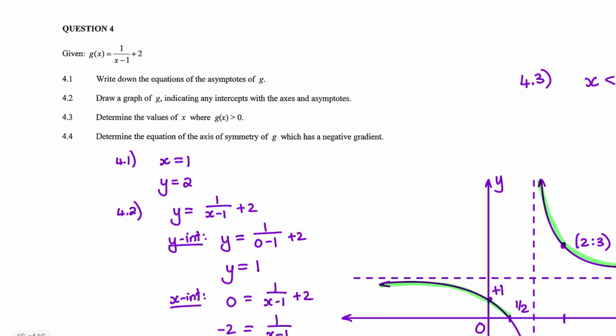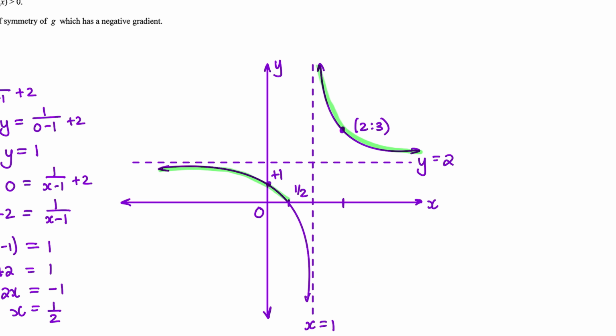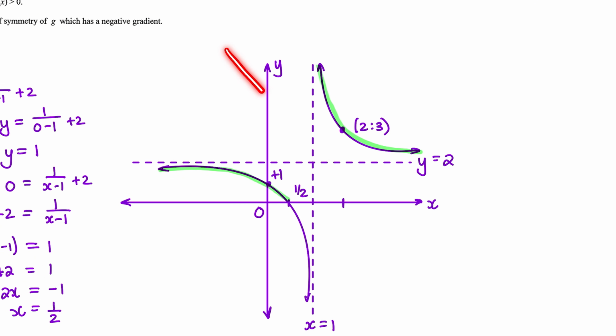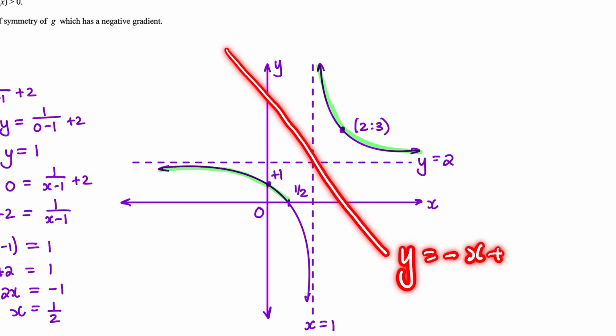4.4, determine the equation of the axis of symmetry of g which has a negative gradient. So for a hyperbola, you'll have two axes of symmetry, one with a positive gradient, so that is y is equal to plus x plus c, and a negative gradient where y is equal to negative x plus c.